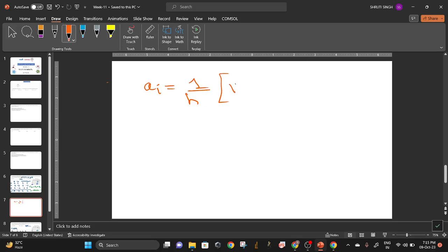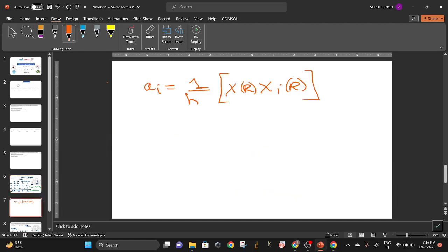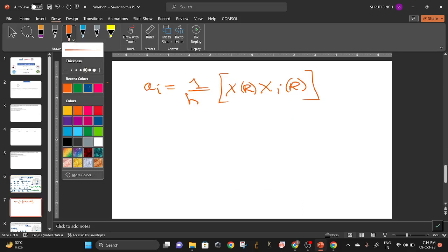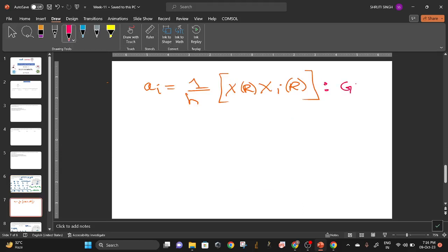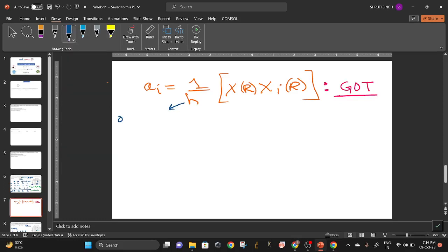This is the formula I'm asking about. When we have to break a reducible representation into irreducible representations, we use this formula. It comes from the great orthogonality theorem. So what is h here? It's 4. Yes, h is the order, equal to 4.